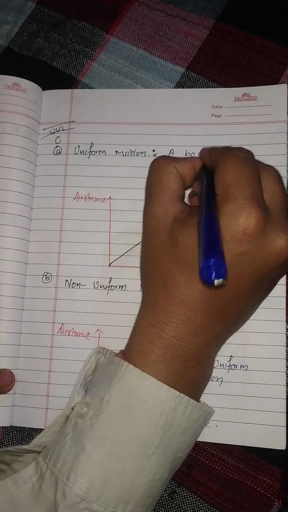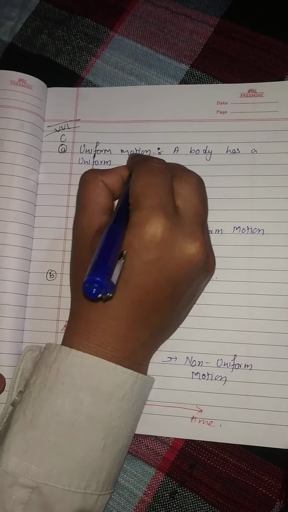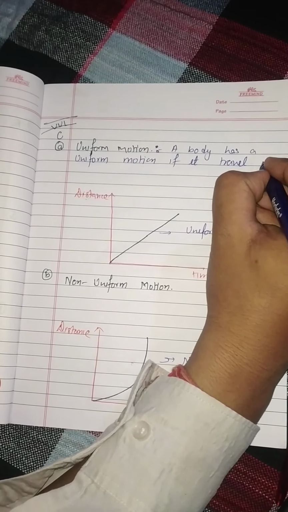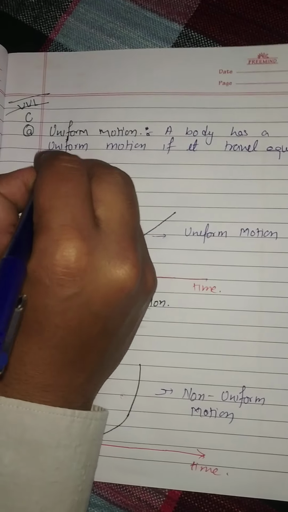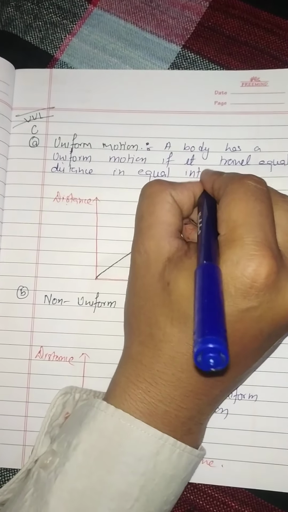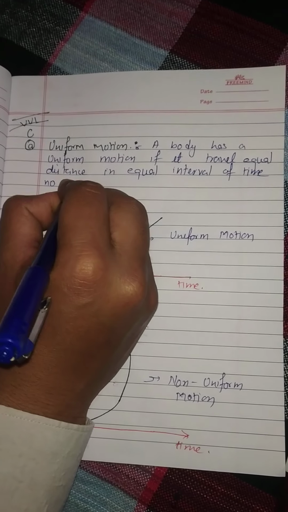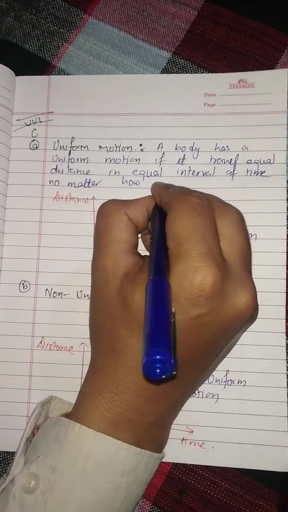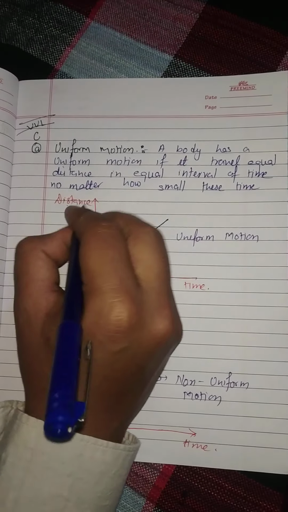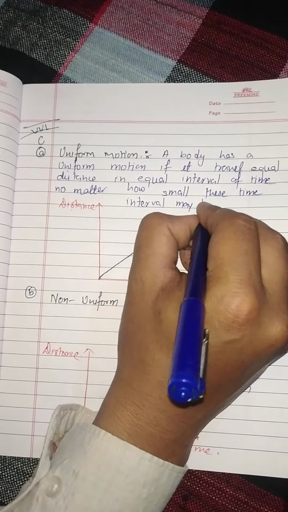A body has uniform motion if it travels equal distance in equal intervals of time, no matter how small these time intervals may be.